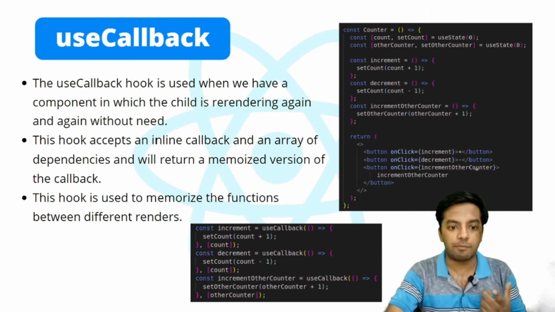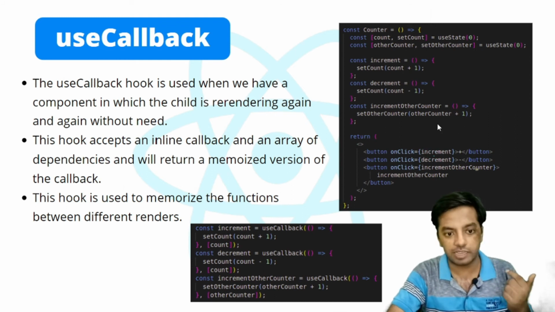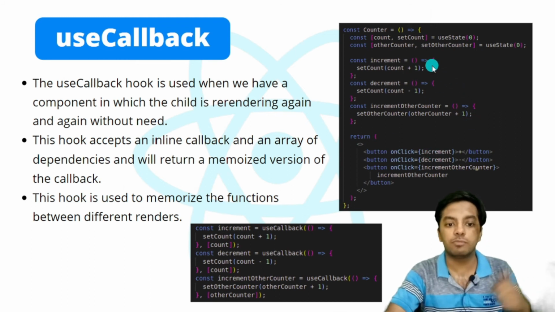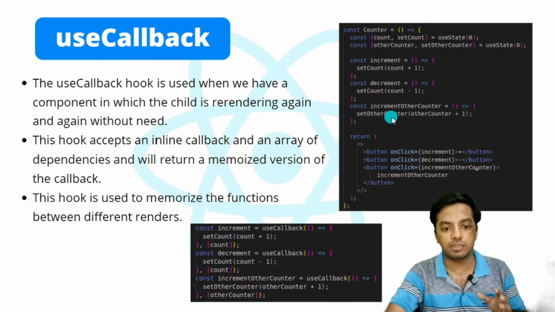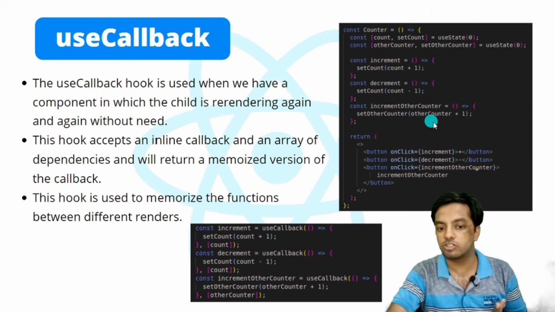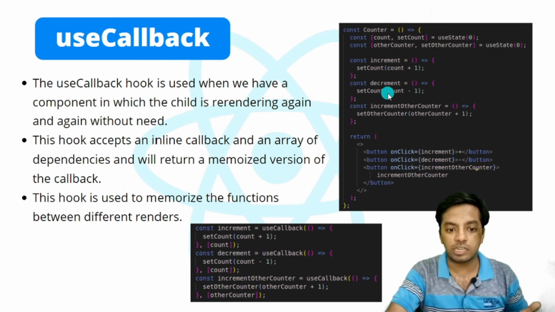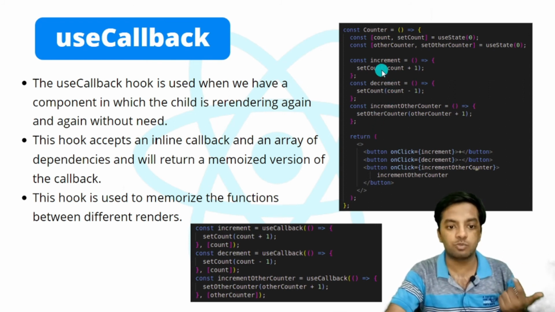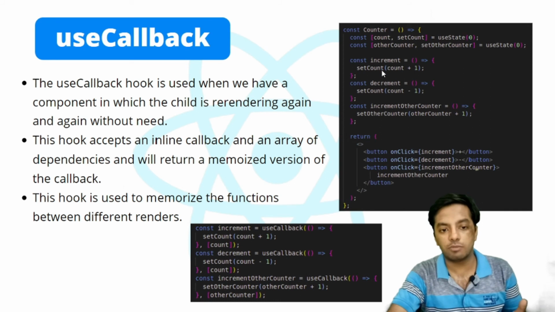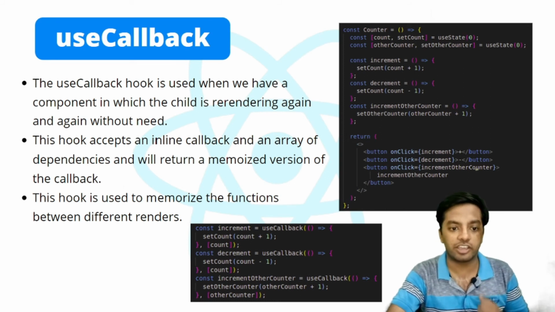Now what will actually happen is that if we click on this increment button and update the count, then all the three functions will be re-rendered again. But there is no need of rendering this increment other counter function again, because there is no change in other counter. And similarly, if we update the other count using this function, then there is no need of re-rendering these two functions again. But by the default behavior of React, these functions are re-rendered again.